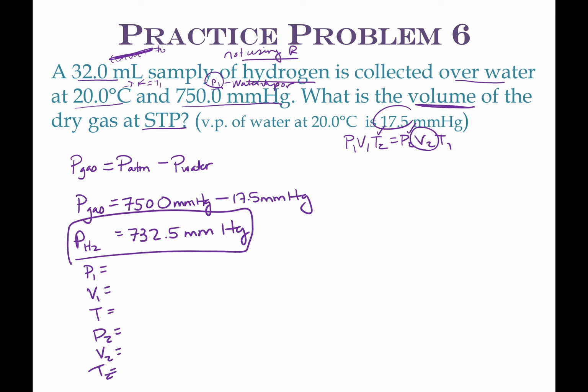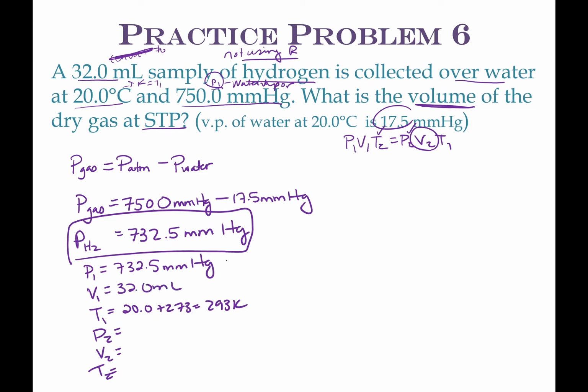So pressure number one is the one that we found, 732.5 millimeters of mercury. We're saying under this set of conditions, this is what we got. 20 degrees Celsius, the temperature, so 20 degrees Celsius plus 273 equals 293 Kelvin. The volume was 32.0 milliliters.